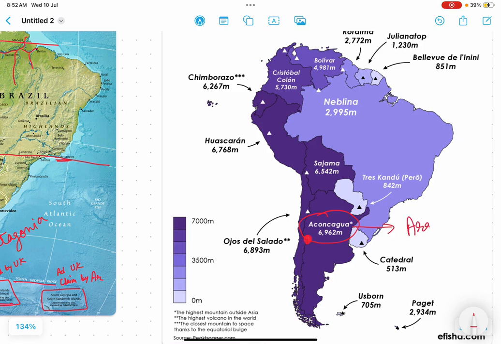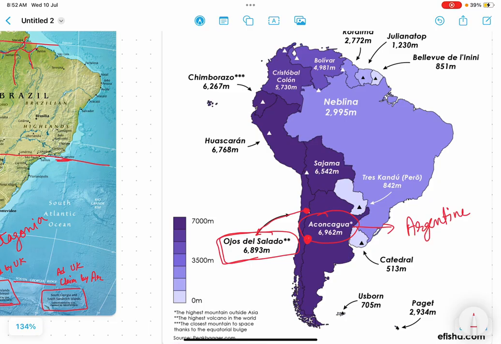Then we have in Chile, right here, this peak. This peak is Ojos del Salado. So you need to see the top and the second top peak. The rest you can see by yourself.